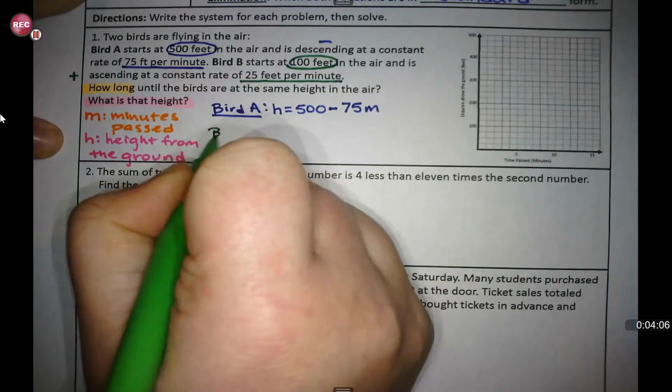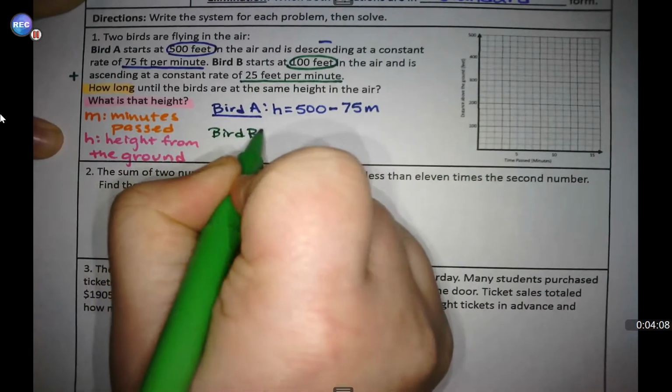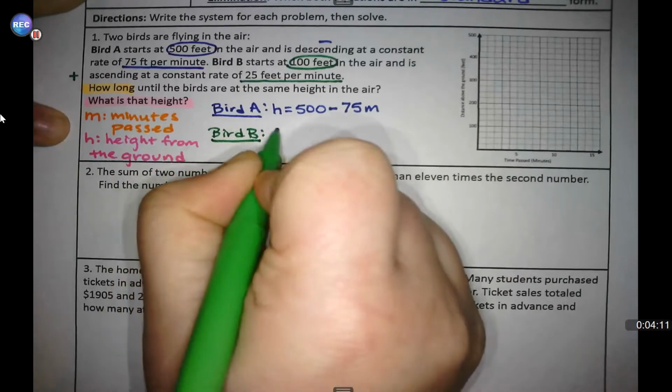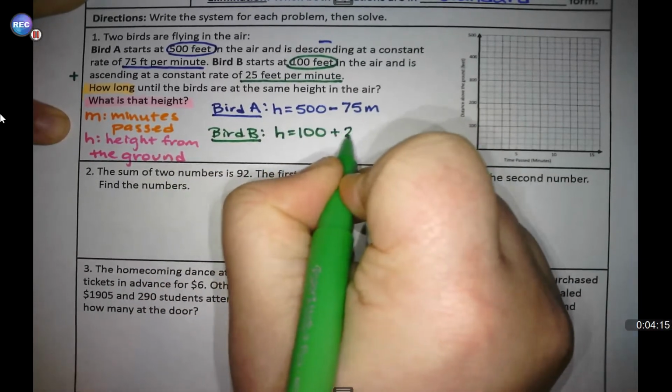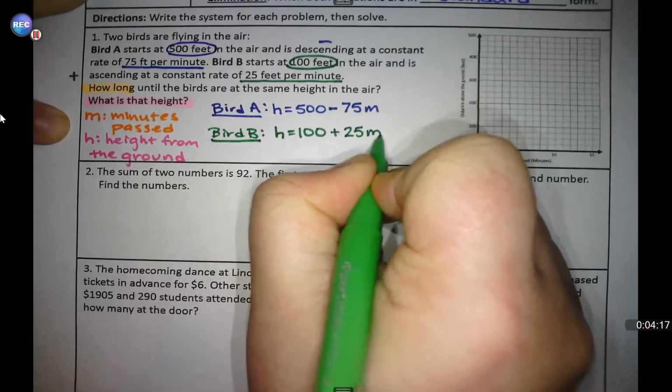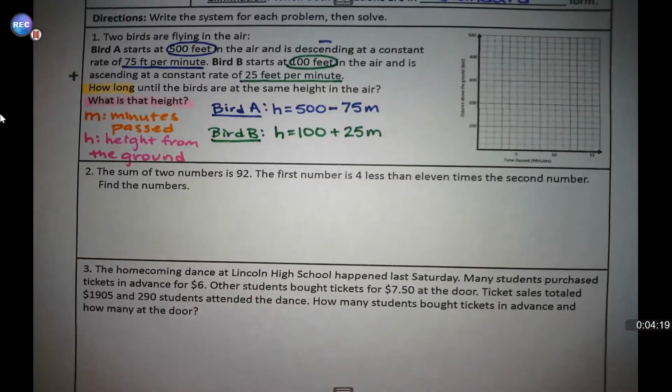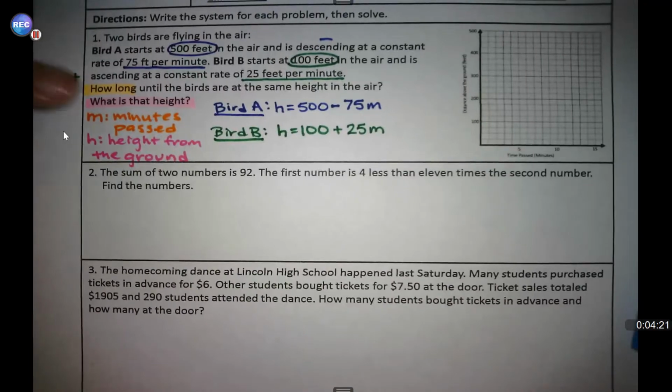So what that means is bird B has a height equal to starting at 100 and then plus 25 feet per minute. And I know what you're thinking, well, Ms. Azor, that doesn't really look like slope-intercept form.